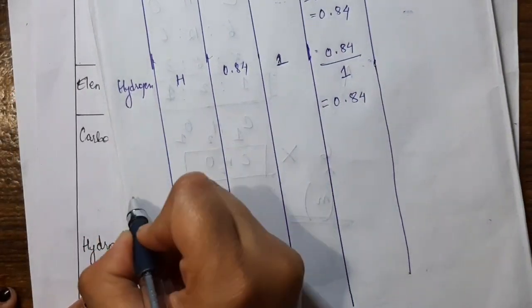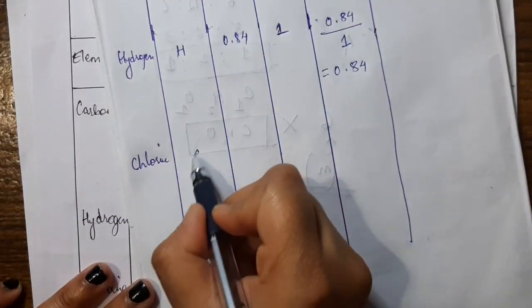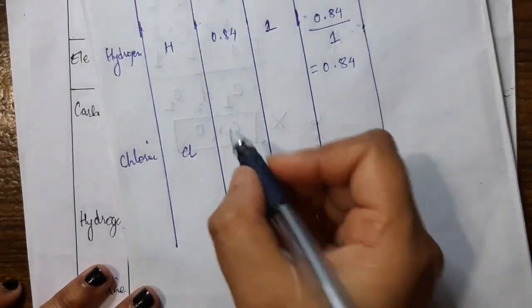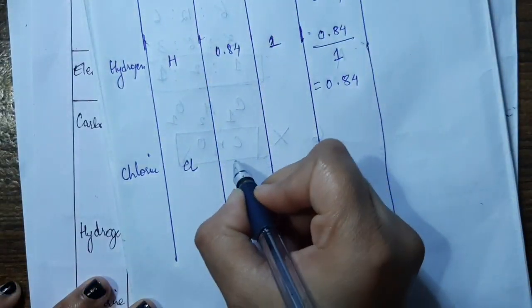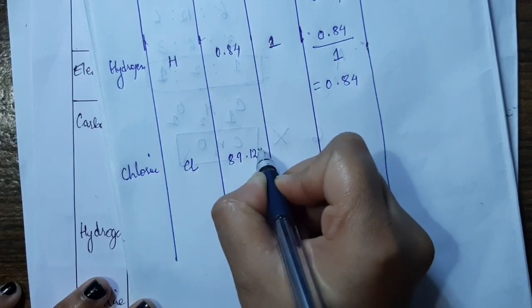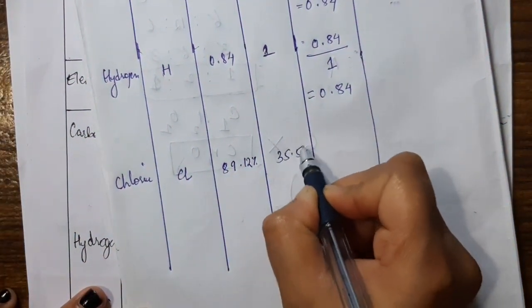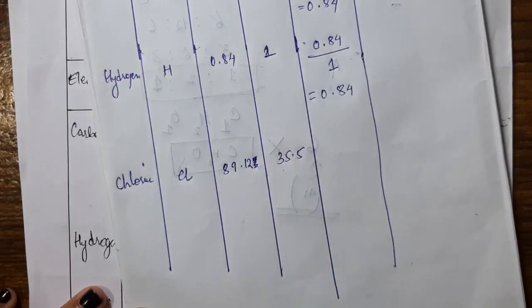Then finally for chlorine, the symbol is Cl. The mass percent we have got here is 89.12 percent, and the atomic mass of chlorine is 35.5. Now let's find out the number of moles.